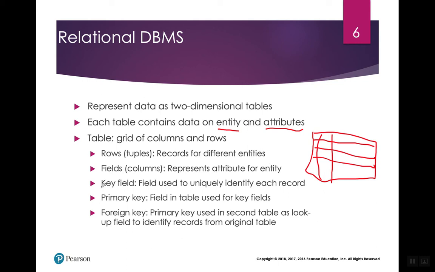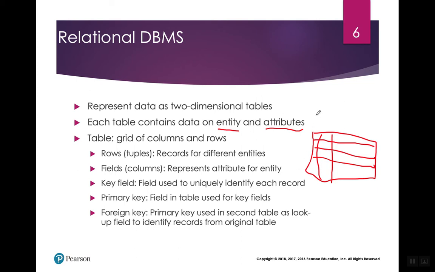All right. Now, these are all rules that Codd had put together. I think there are like 7 or 9 rules that make up his set of rules for what makes a relational database. One of the rules is that there has to be a key field.